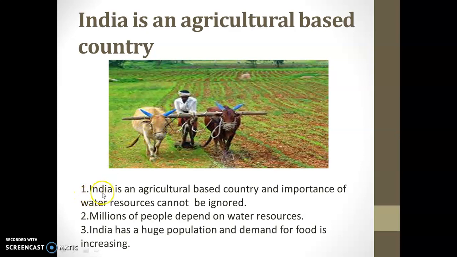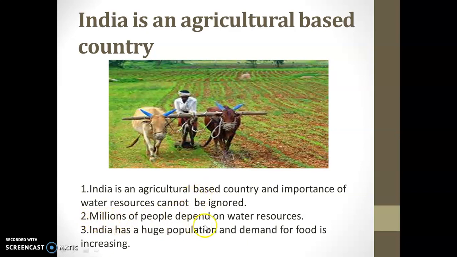So we can say India is an agriculture based country, and we all know if we want to carry out agricultural activities, if we are growing different kinds of crops, we need so many inputs such as seeds, fertilizers, and of course, water. Yes, water is very essential for agricultural activities. So we can't ignore water resources for the development of agricultural activities.